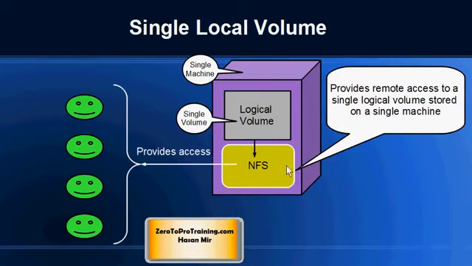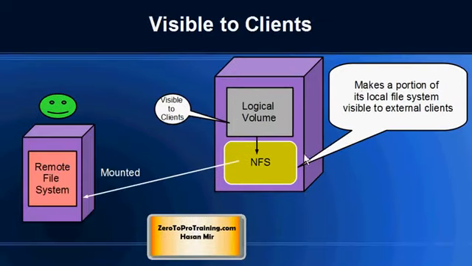Network file system provides remote access to a single volume stored on a single machine, and access is provided to the clients who can access the file system over the network. So how it works is the network file system makes a portion of the local file system visible to the external clients.